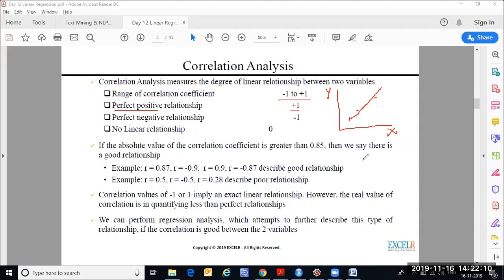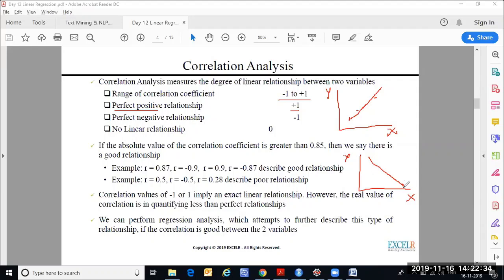But at the same time, if there is a unit increase in x, and to the same extent y is decreasing rather than increasing, that's called a perfect negative relationship. It looks like this. When the x value is small, you have the y value as the highest one.